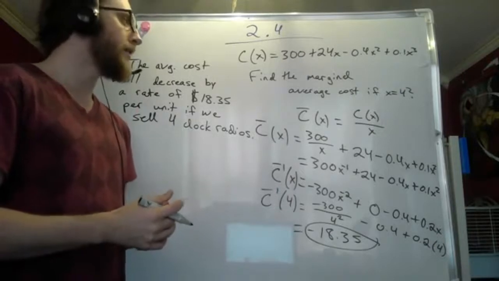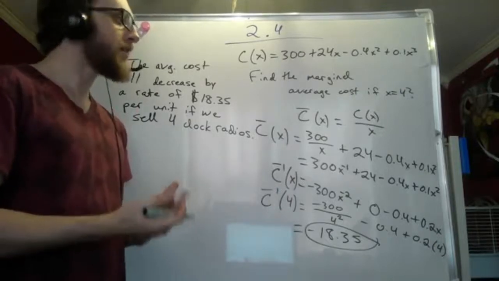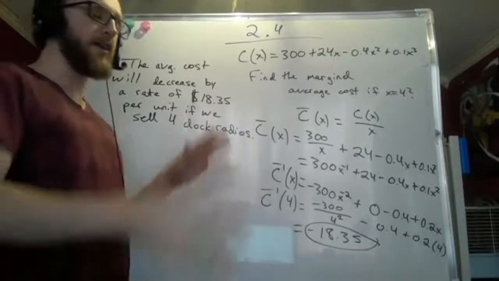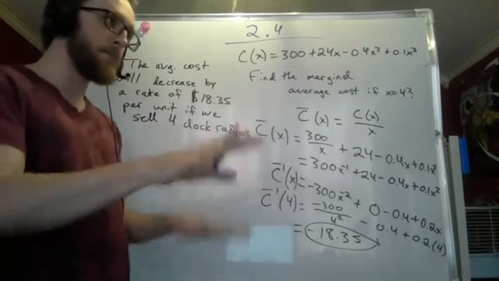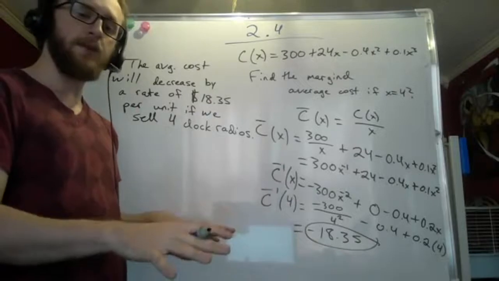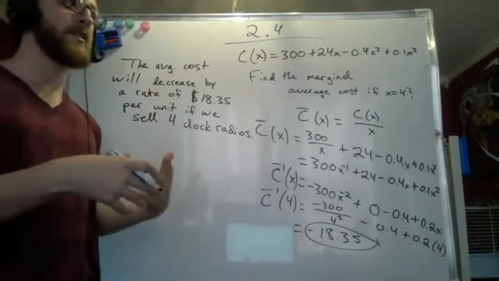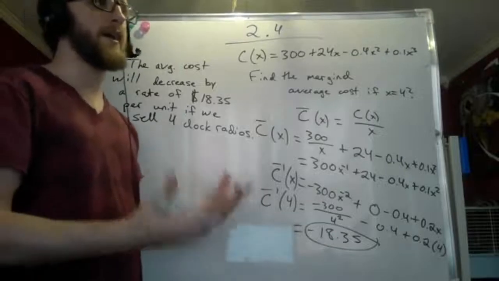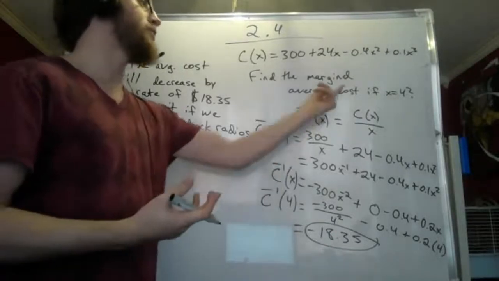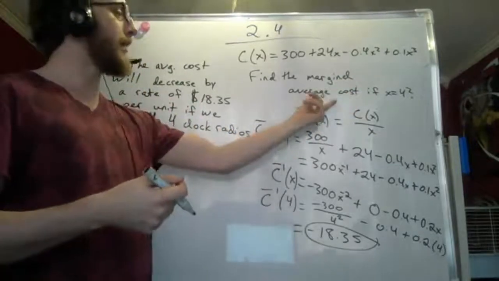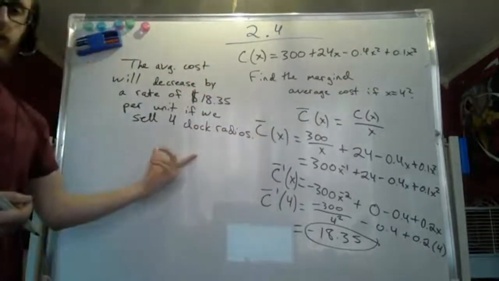But the whole point here is that because the cost function from the beginning was already an estimate, then in order to get a better ballpark idea of what's going to happen, we take the average of it. That's a better estimate for what we expect to happen, rather than if we just took the marginal cost. So that's why we care about average cost, and that's how you would do it.